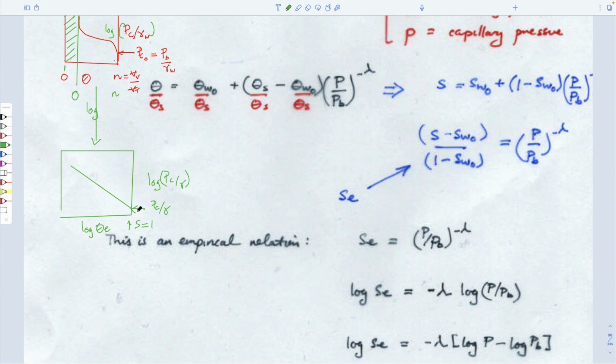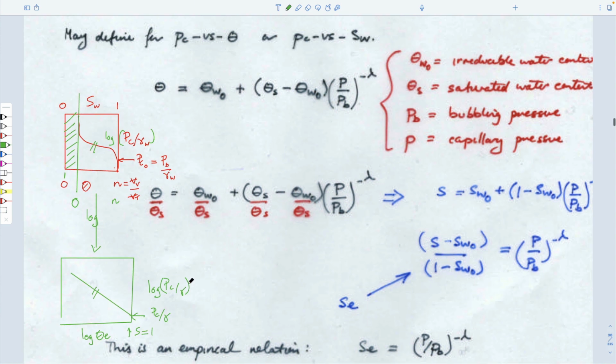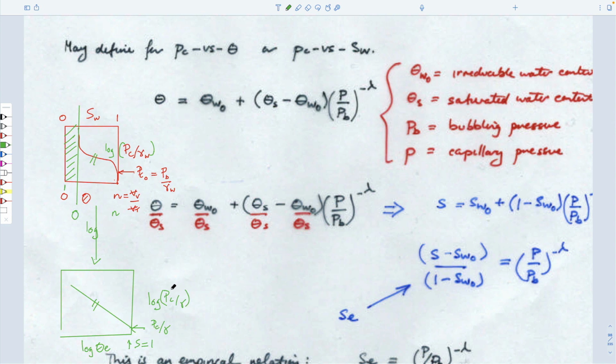And so pushing a bubble of air into it, you have to overcome the resistance, you increase the pressure, and you move along this curve. So all it's done is it's taken this curved curve here and made it into a straight line, just empirically. There's no necessary reason why it should be a straight line, but it turns out to be a straight line as you change it.